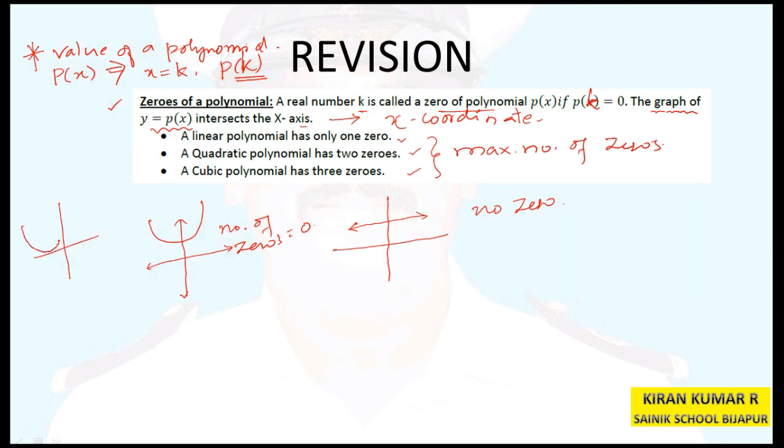In this case, if it touches the x-axis here, there is 1 zero. In this case, there are 2 zeros. In the same way, the cubic polynomial will have 3 zeros.